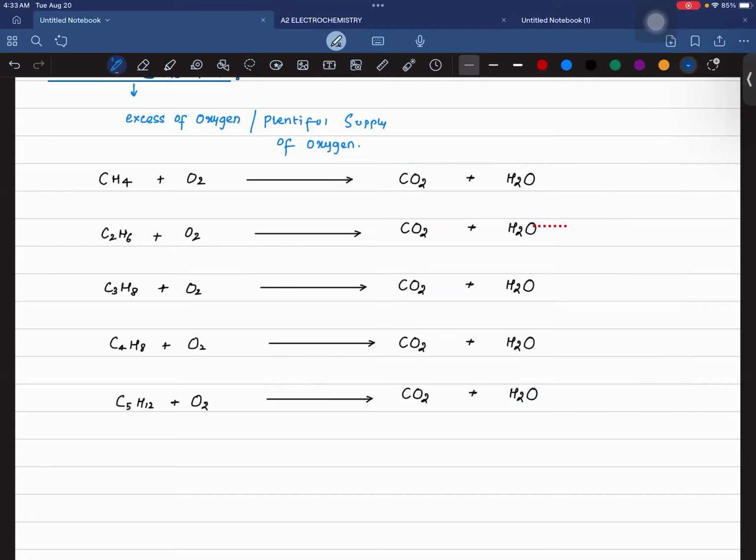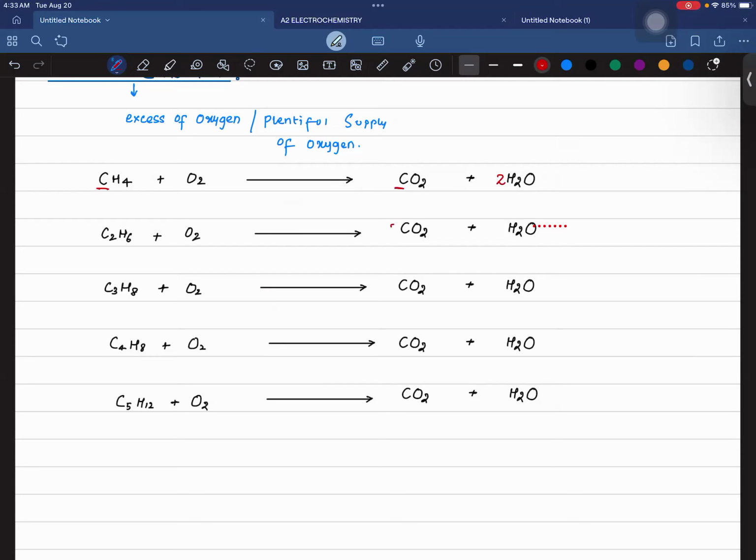So remember, for the combustion reactions, if you are going to balance the equation, we can balance it very easily. The number of carbons is equal to the number of carbon dioxide, and the number of hydrogens is half the number of water. Let's suppose one carbon dioxide, four hydrogens, two water.